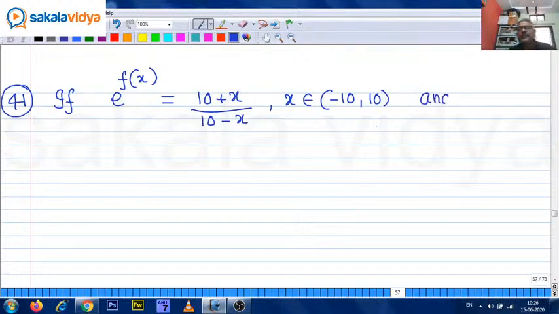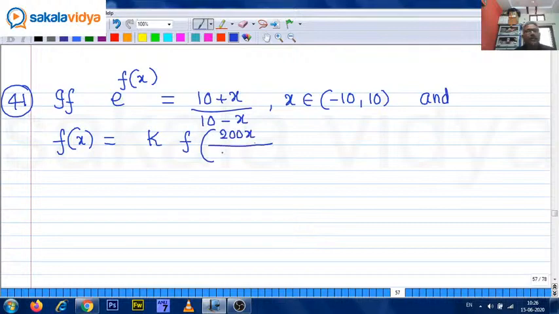and f of x equals k times f of 200x upon 100 plus x square.